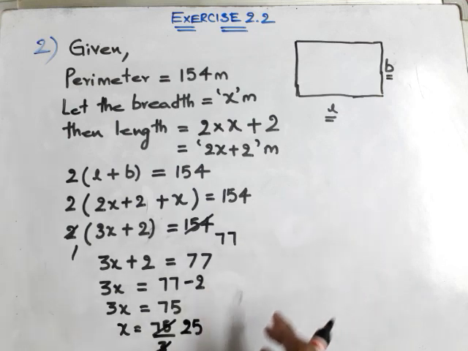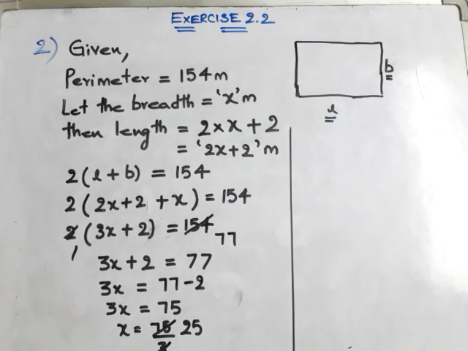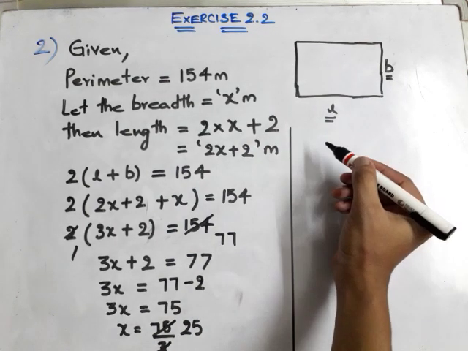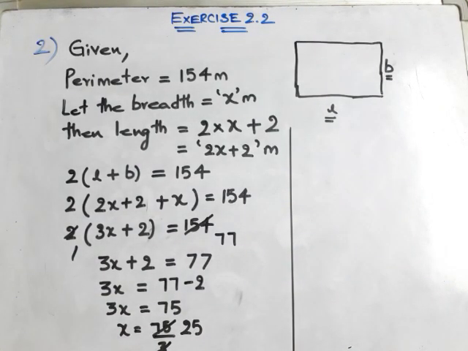So I will continue this here, one minute. Okay, so now we have the value of x as 25, but they asked us to find the value of length and breadth.